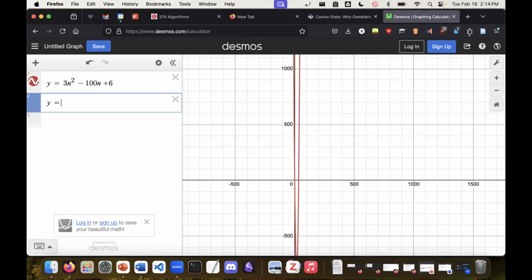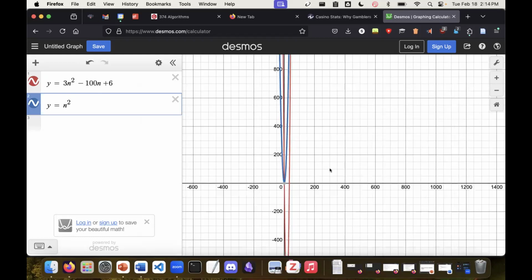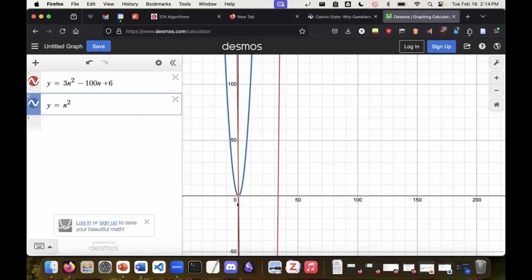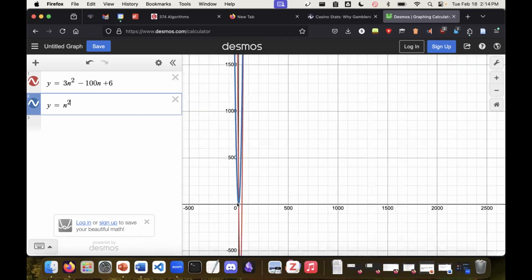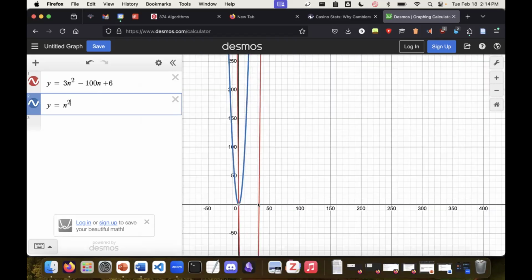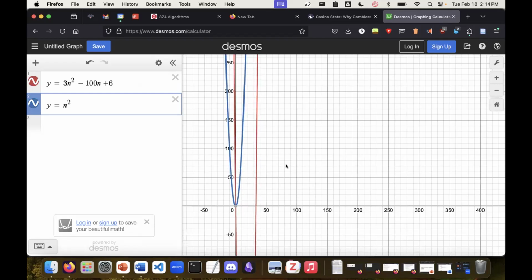And, oh, that's not how we type n squared. Can we zoom out in a way that's helpful, please, Desmos? So initially, when you look at this y equals n squared versus our 3n squared, first of all, it's kind of undefined up to some point for us.